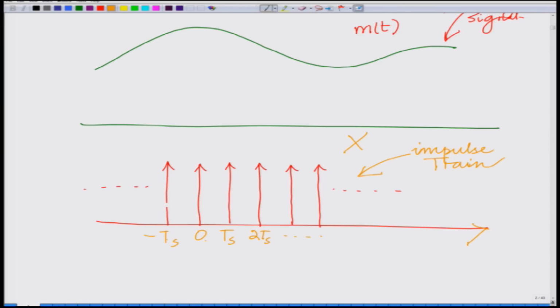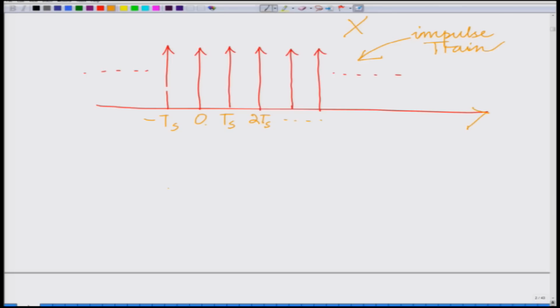This is a periodic signal of impulses with period Ts, that is you have basically one impulse every Ts.